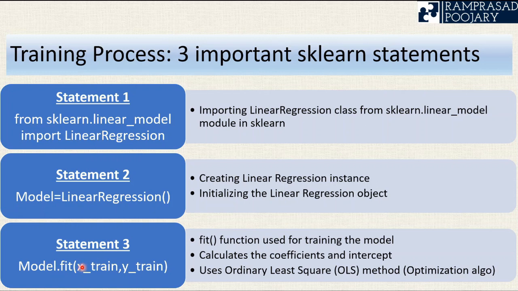We already have the x value and y value for the training data set, so these will be the input arguments in this case. The fit function of sklearn uses the ordinary least squares optimization algorithm. We'll discuss optimization algorithms separately in another session, not today.